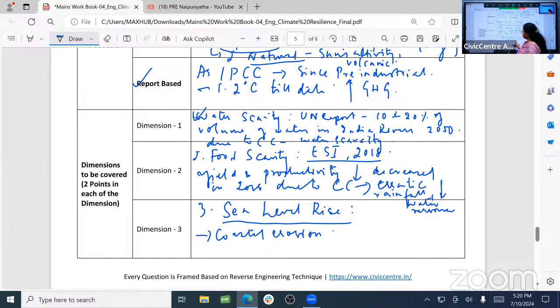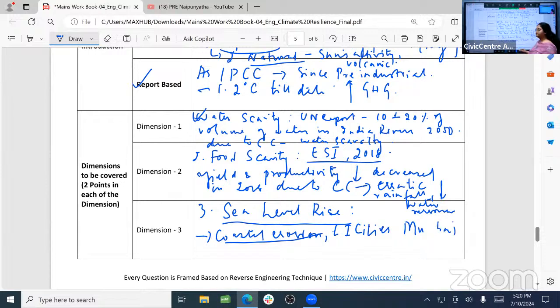We are just discussing how to structure the answer and what can be written as the dimensions under the impacts. So sea level rise is also an impact. Now, this causes coastal erosion, which means the low-lying island states or cities in the country, like Mumbai, are endangered.